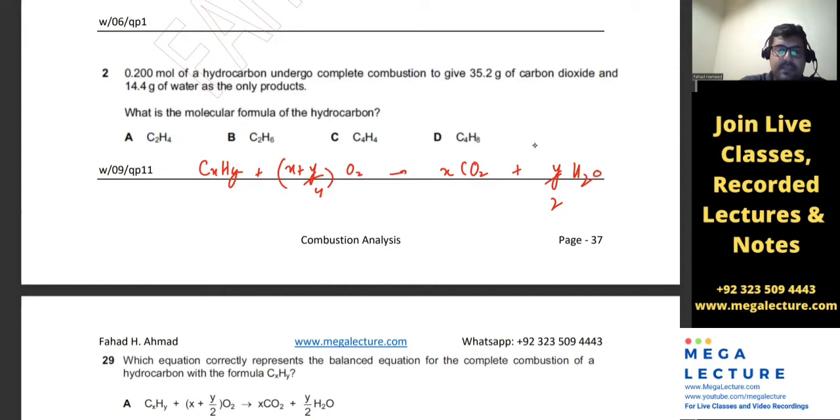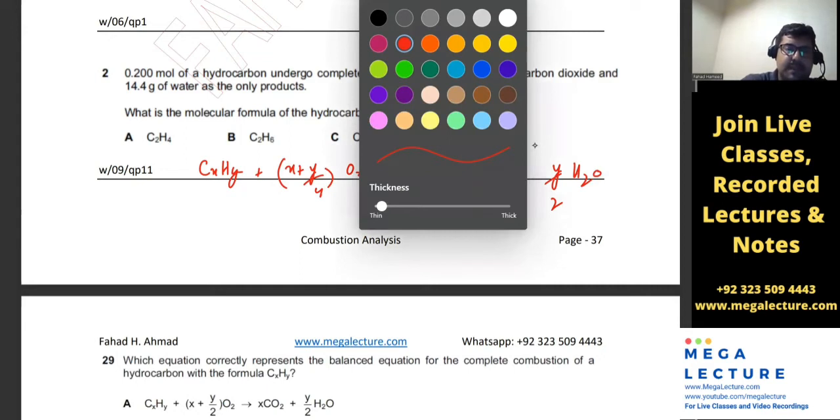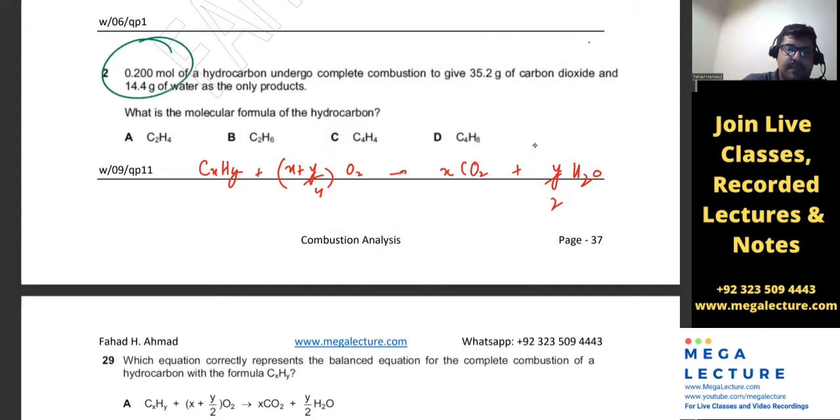So you got this equation. How many moles of hydrocarbon do you have? That's 0.2 moles, right? So can you figure out the moles of carbon dioxide? That's 35.2 grams. And of water as well, that's 14.4 grams. How many moles of carbon dioxide and water are produced?